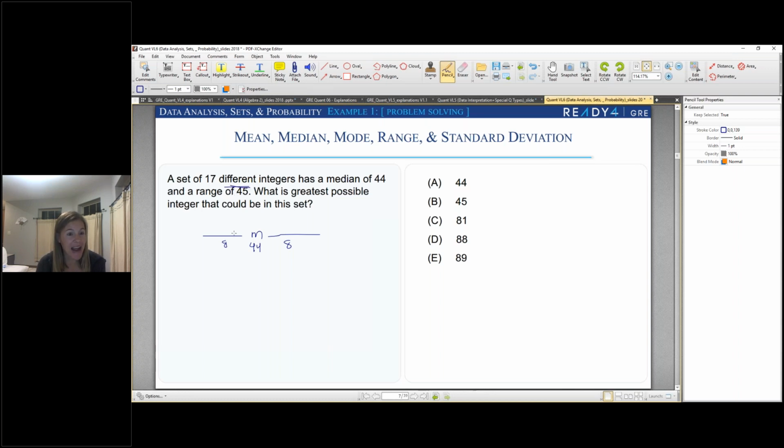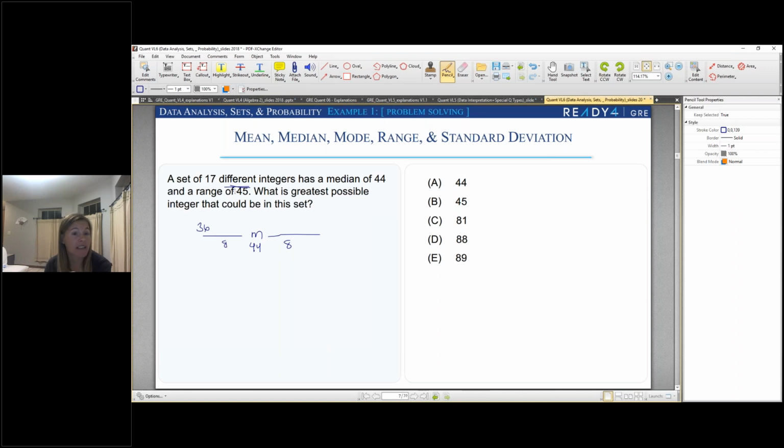So if we have 8 integers below 44, and they have to be different, that means we have to start at 36, right? 36, 37, 38, 39, 40, 41, 42, 43. That would give us 8 different ones. We can't start any higher than that, or we're going to have overlap before we get to 44. So you've got to start there.